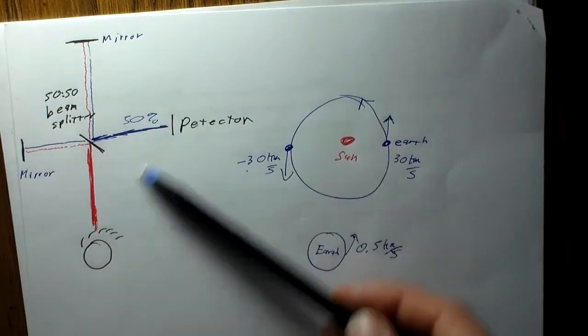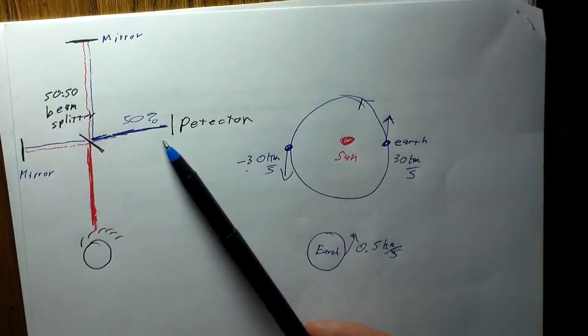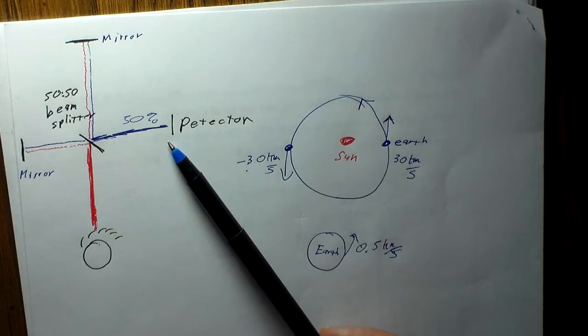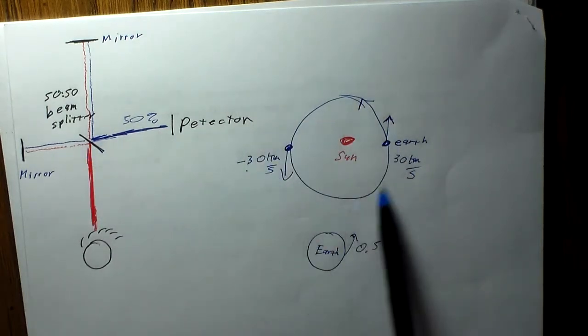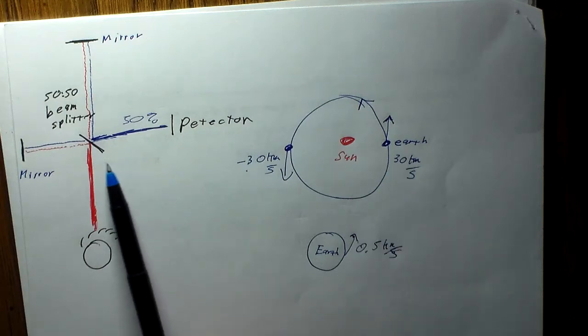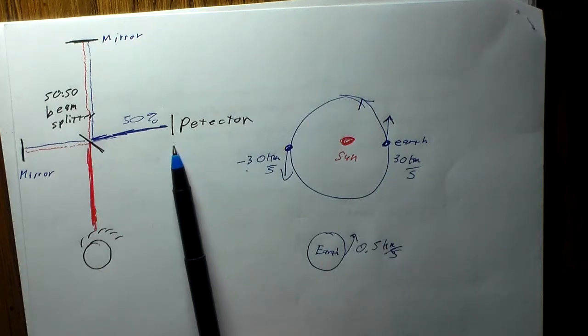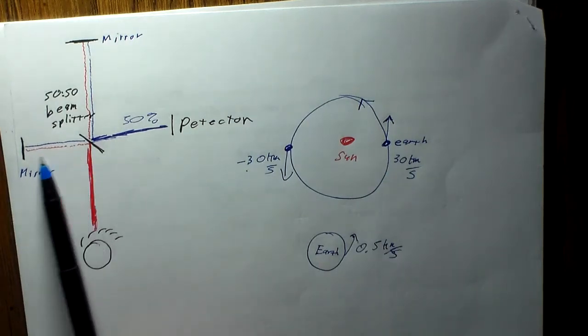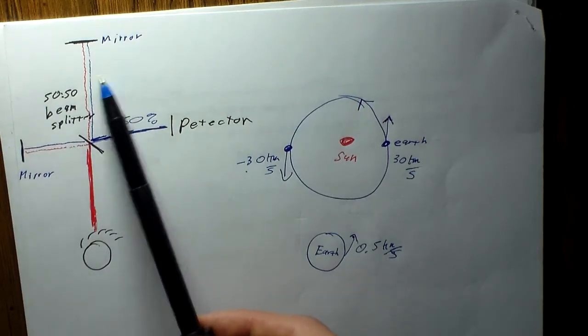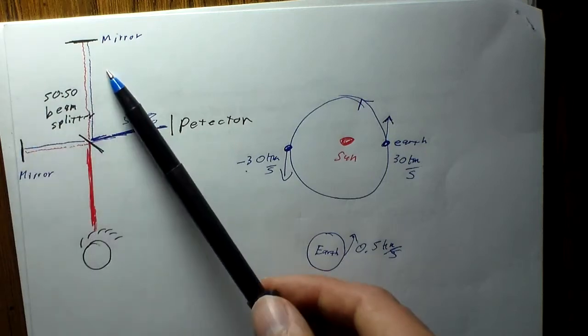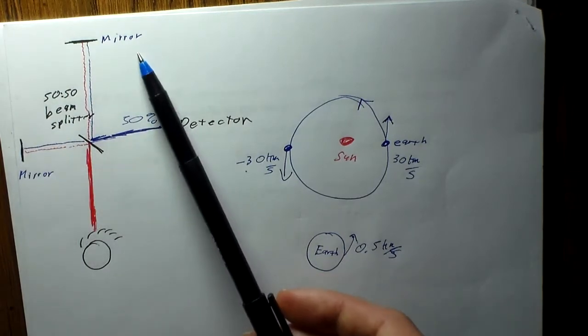And you would basically just turn this thing around here and then hope to see some kind of a change in your detector, right? Because as you move this around, or as the Earth's speed relative to the ether changes, then you would see some effect here on the detector, because the light would be moving at slightly different velocities for this arm versus this arm. And that's what they were looking for. Is there a change in velocity depending on which direction you're actually heading?